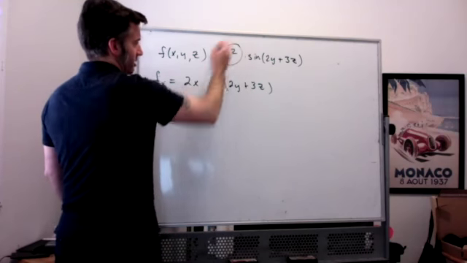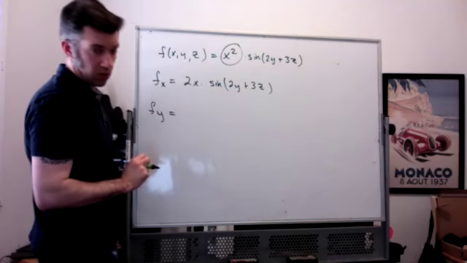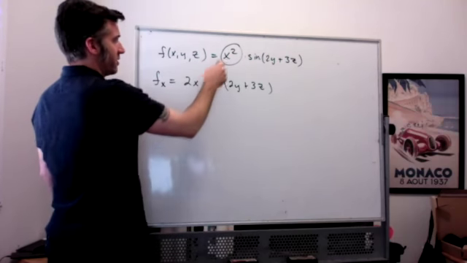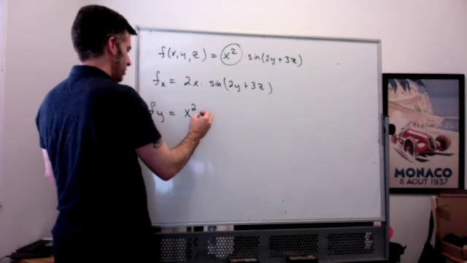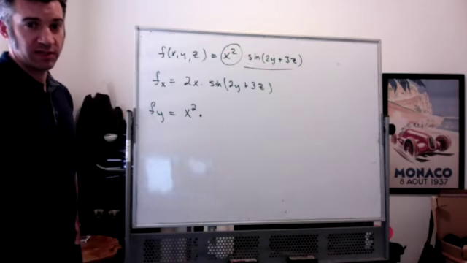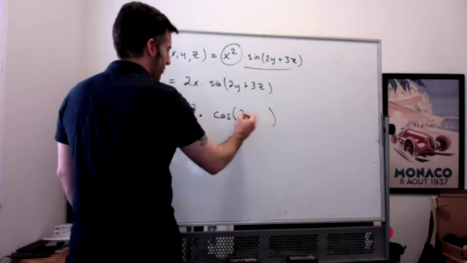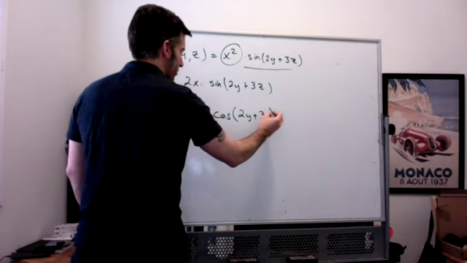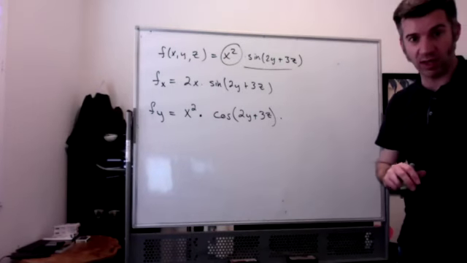Now this is a constant, and I've got a constant times sine of a function. So the derivative is that constant times the derivative of that function. What's the derivative of sine of some stuff? It is cosine of your stuff times the derivative of your stuff.